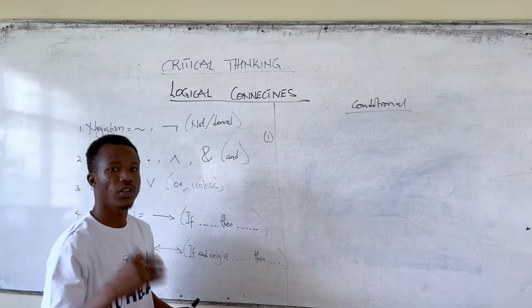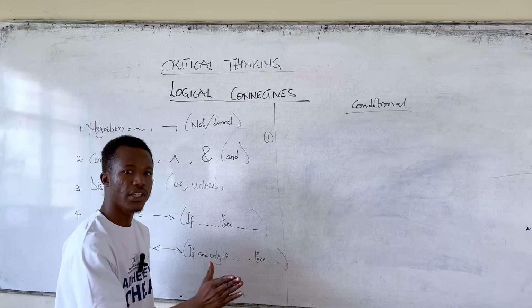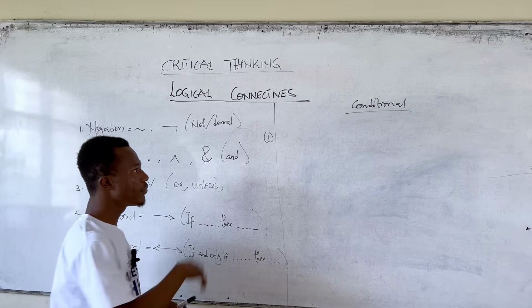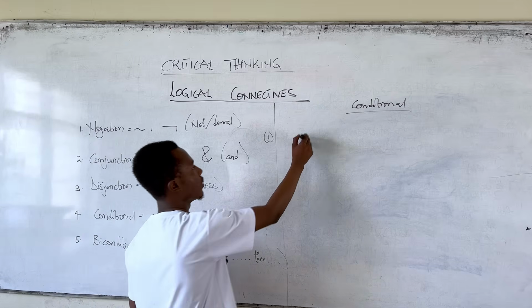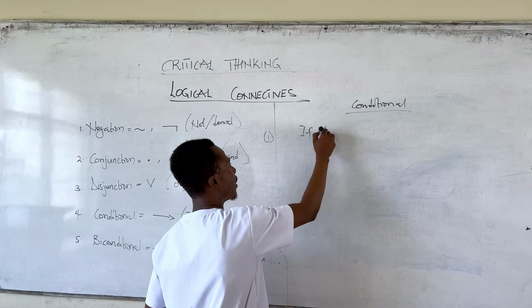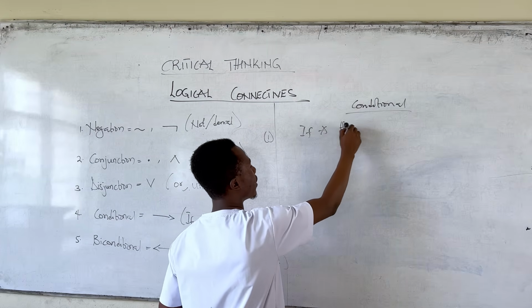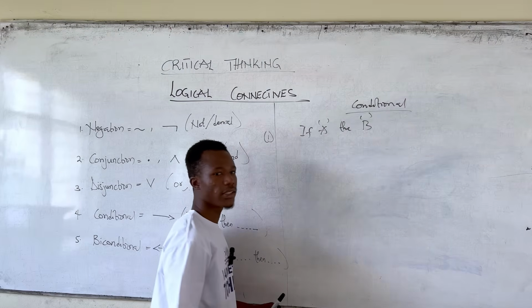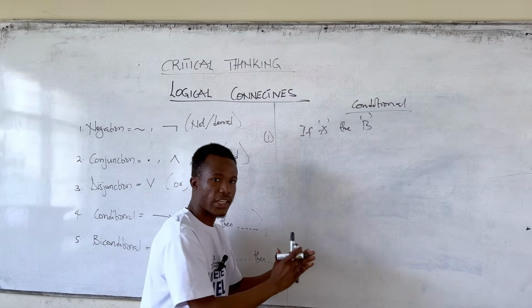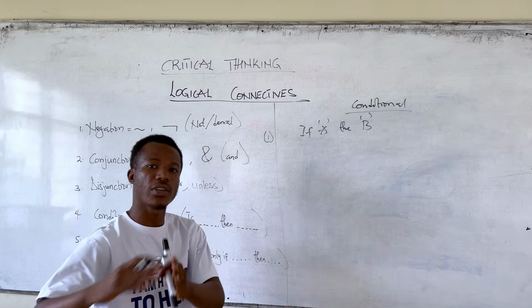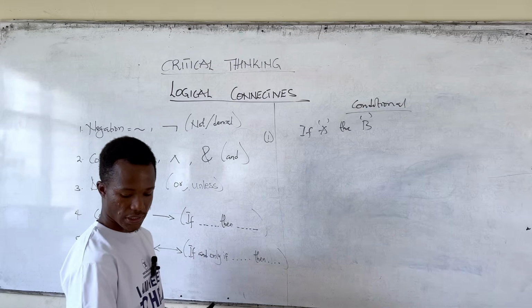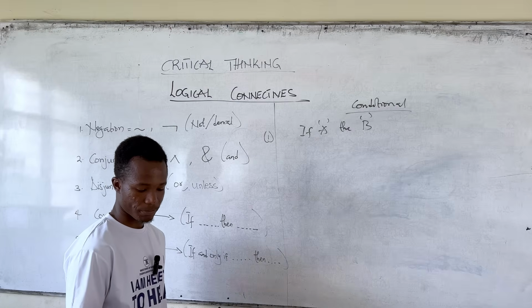If A, then B is a conditional statement. I hope you get it. If A, then B. This A is a statement, this B is a statement. So you see that if, then a statement will come, then another statement will come. So let's pick an example here.